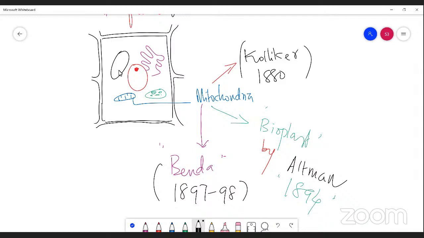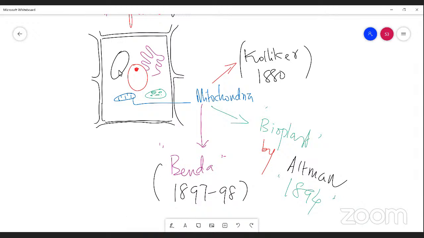It is a cell organelle first reported by Kolliker, and later named by Altman as the bioblast in the year 1894. And after Altman's bioblast, it was coined as mitochondria, a term first given by Benda in the year 1897 to 98. So this is the discovery of mitochondria.